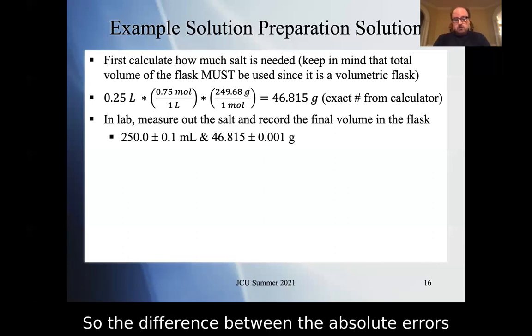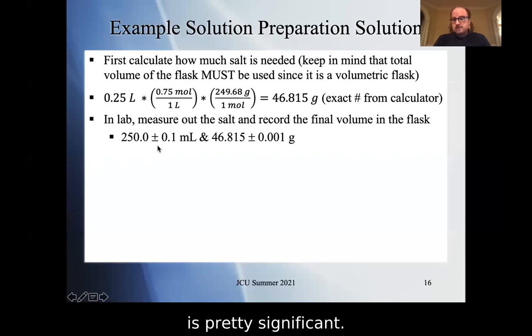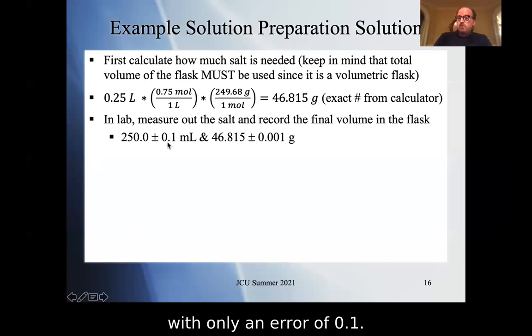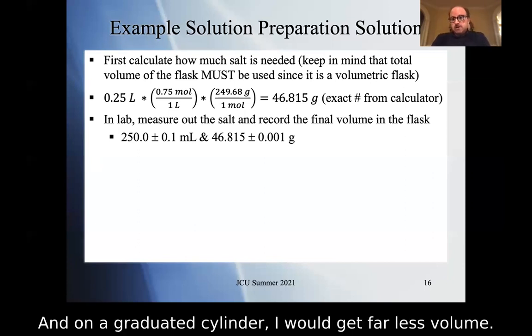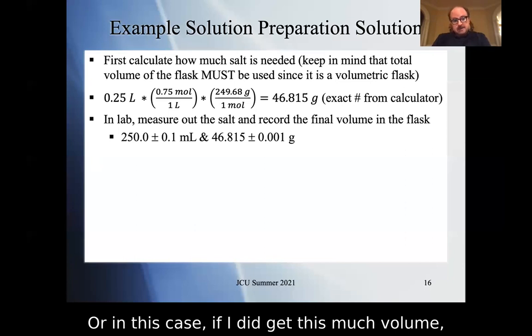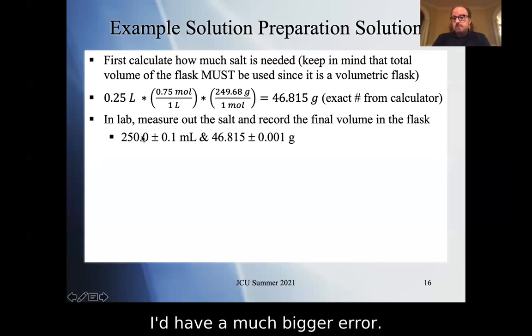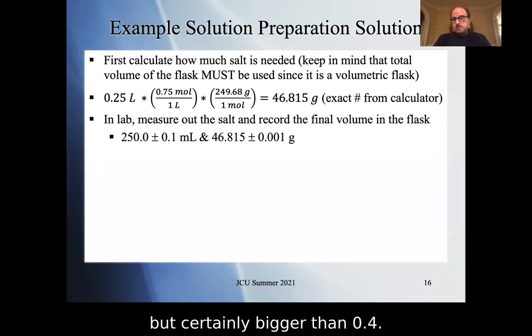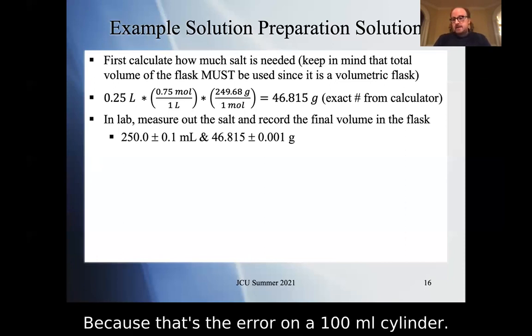So the difference between the absolute errors is pretty significant, because here I can get 250 milliliters with only an error of 0.1. On a graduated cylinder, I would get far less volume, or if I did get this much volume, I'd have a much bigger error. I don't know off the top of my head what a 250 milliliter graduated cylinder error would be, but certainly bigger than 0.4, because that's the error on a 100 mil cylinder.